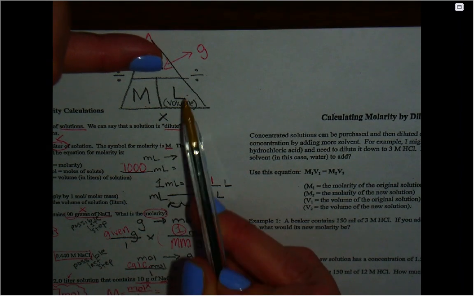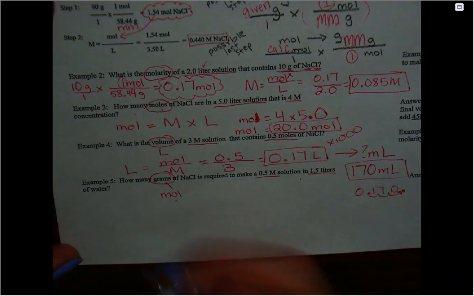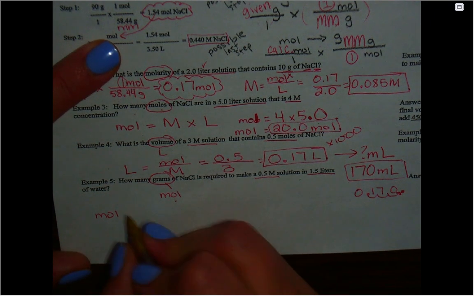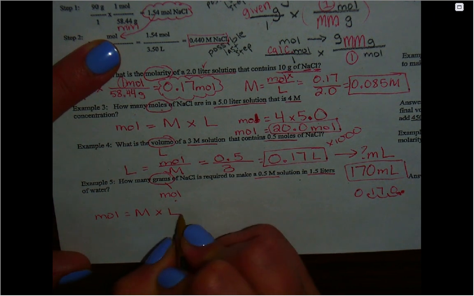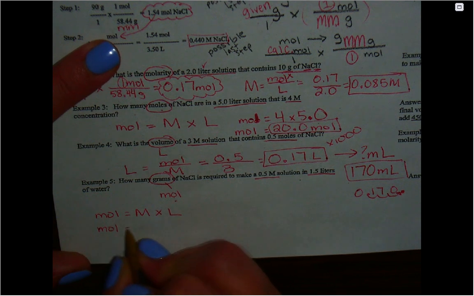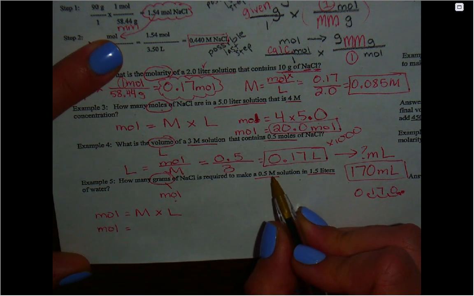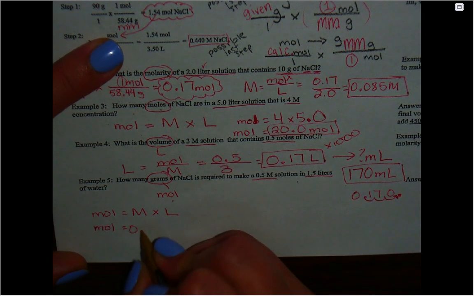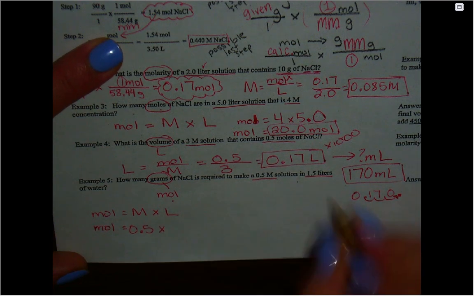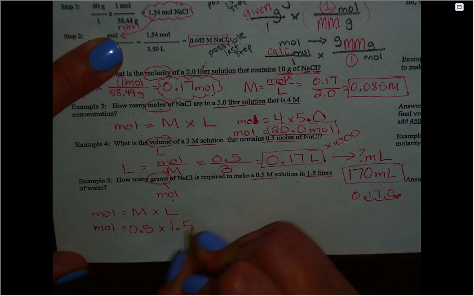Looking at our setup, we're going to cover up the word moles. We have molarity times liters. So moles is equal to molarity times liters. I'm going to bring those numbers down from my problem. So I have 0.5 times 1.5.